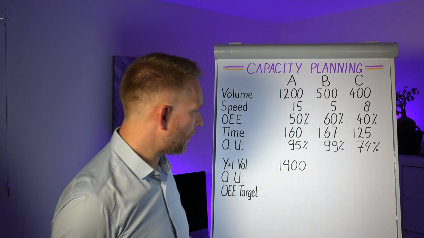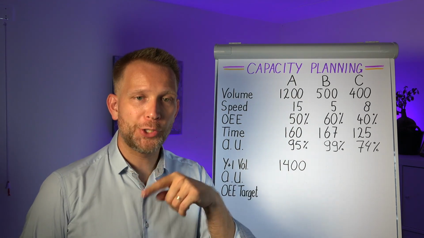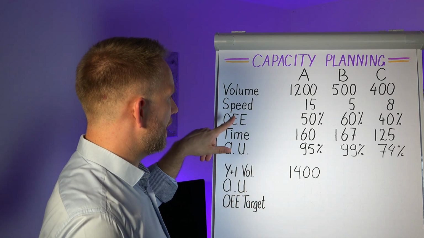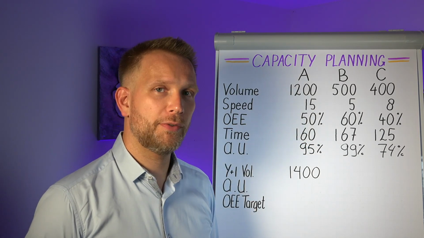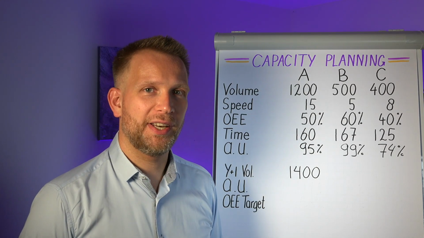Right, so about a 15 or so% increase. And you see that back in your asset utilization. Because if we keep that OEE of 50% and now we're going to have to make 1,400 products, what is our utilization going to be?